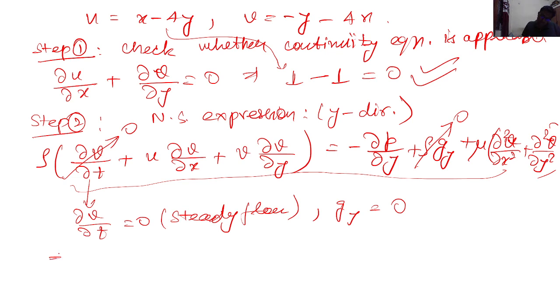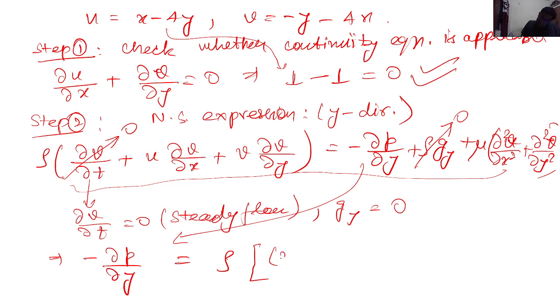So just solving this equation, minus del p by del y from the right hand side can be written as rho times u, which is x minus 4y, times del v by del x, that is minus 4, plus v, which is minus y minus 4x, times del v by del y, that is minus 1.